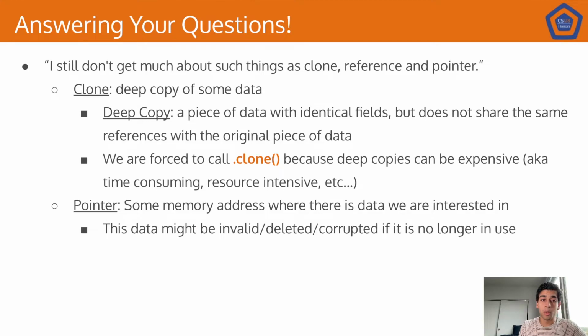So the issue with pointers is that this data might be invalid, deleted, corrupted, or whatever if it's no longer in use. You have no guarantees that it's valid if the data has been deallocated, its lifetime has ended. So Rust makes this assumption that data could be invalid at any point. So you're never going to interact with pointers just by themselves.